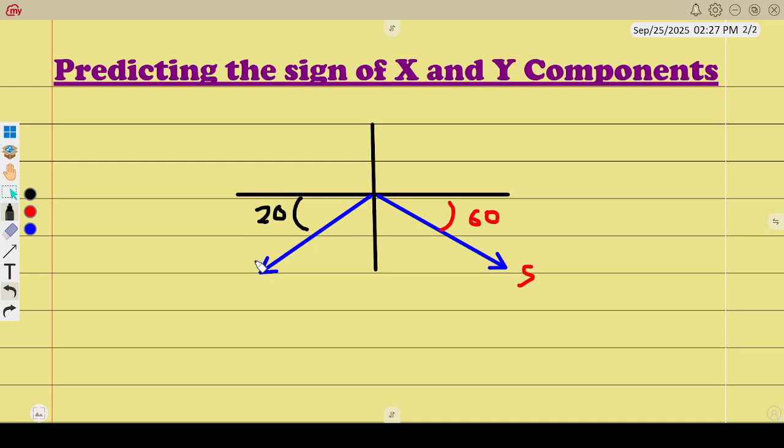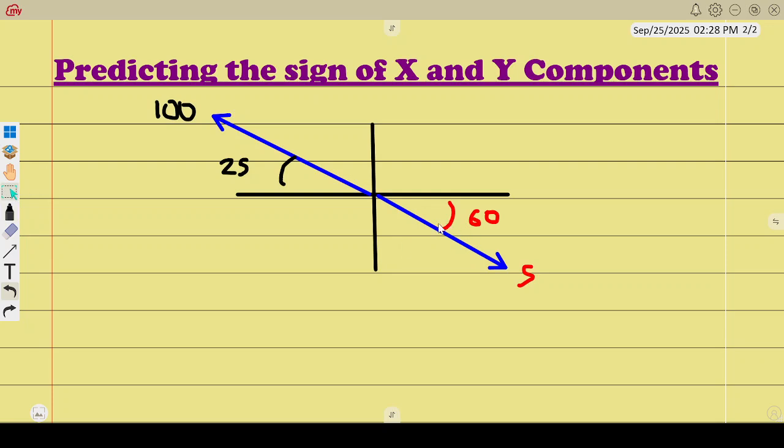Let me start from here. We've been given this angle as 25, and this is a 100 newton vector. So how do you find the components?